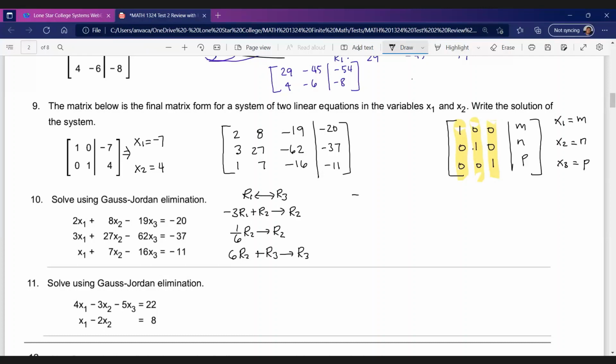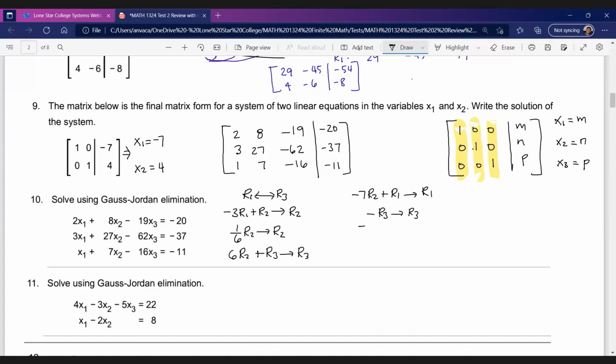Then I went ahead and multiplied row 2 by negative 7, added it to row 1, and that was our new row 1. Then I went ahead and multiplied row 3 by negative 1, and that gave us our new row 3.